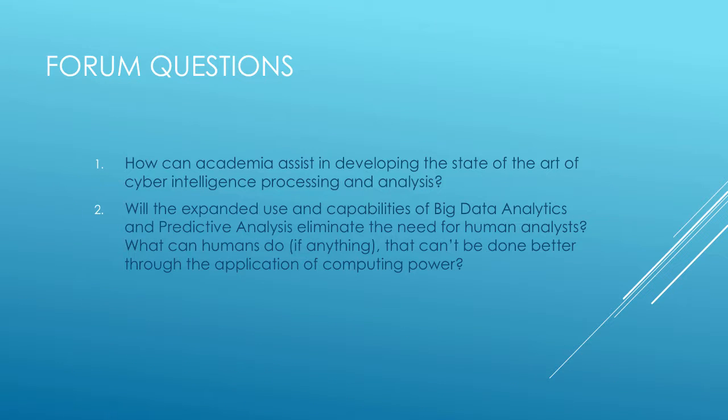This week's forum questions. The first one relates to the relationship of academia and the intelligence community. How can academia assist in developing the state-of-the-art of cyber intelligence processing and analysis? The implication is that academia and to some extent the commercial sector are much more exposed to issues with respect to big data and can therefore make more appropriate contributions.